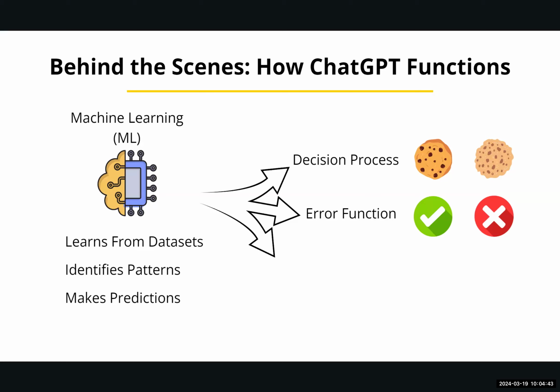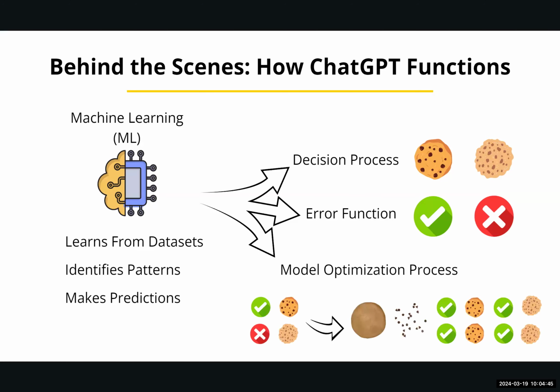Okay. So then the third part to this is called the model optimization process, right? After the computer guesses and you tell it it's wrong, it tries to learn from its mistakes to make a better guess next time, right? So imagine every time it made a wrong guess, it actually started paying more attention to what makes a chocolate chip cookie different from an oatmeal raisin, right?